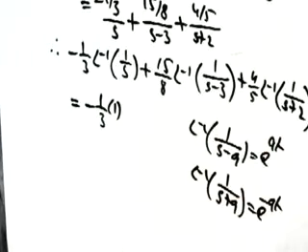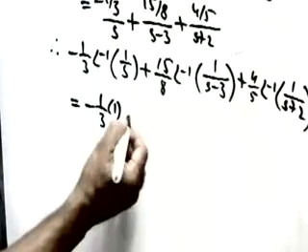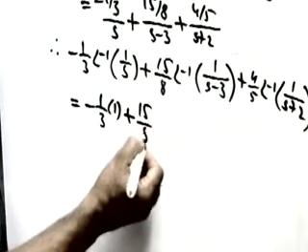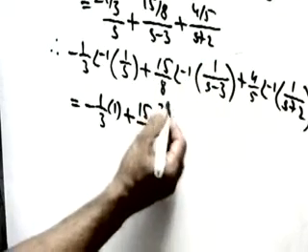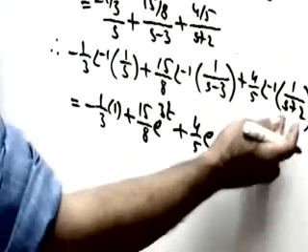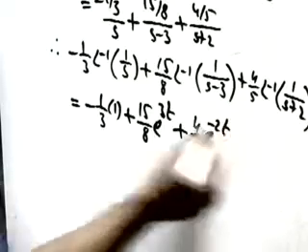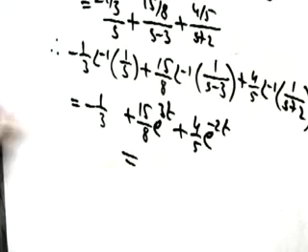If you are minus, you write plus. If you are plus, you write minus. So we use the formulas here. Plus 15 by 8 into e power 3t, plus 4 by 5 e power minus 2t, since plus 2 means we have to write minus. 1 by 3 into 1 will be 1 by 3.